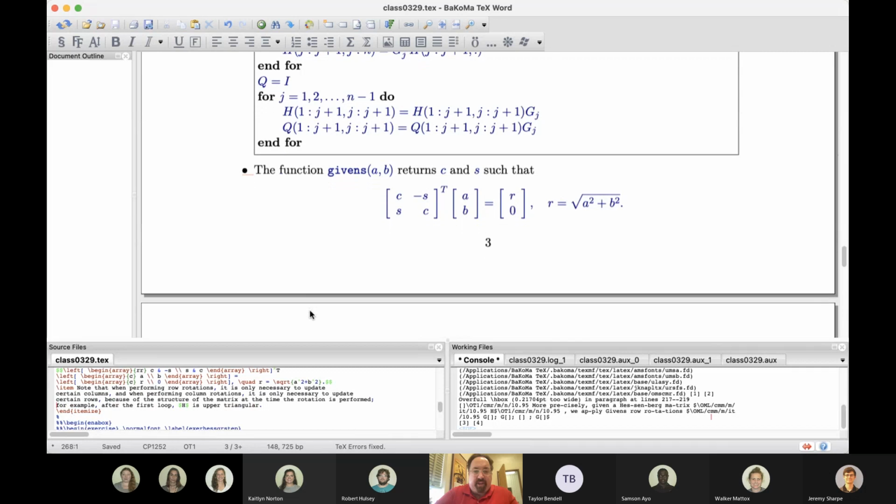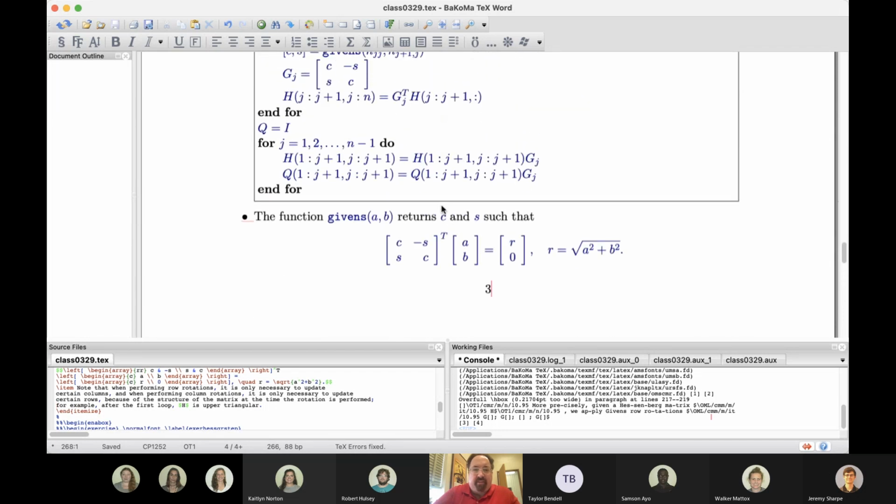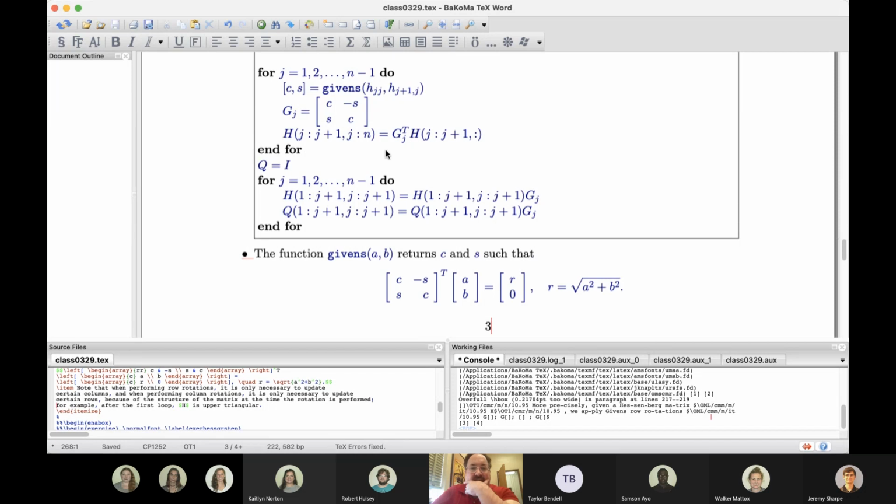Now, one thing to keep in mind is the implementation point: if we're doing row rotations, technically those affect the entire row, but some portions of those rows will be zero. Because as we're going from left to right through the columns, like if we're working on column J, these entries of columns 1, 2, 3 up to J minus 1 will already be zero. So that's something that should be kept in mind when carrying out all of these rotations. And in fact, okay, let's see.